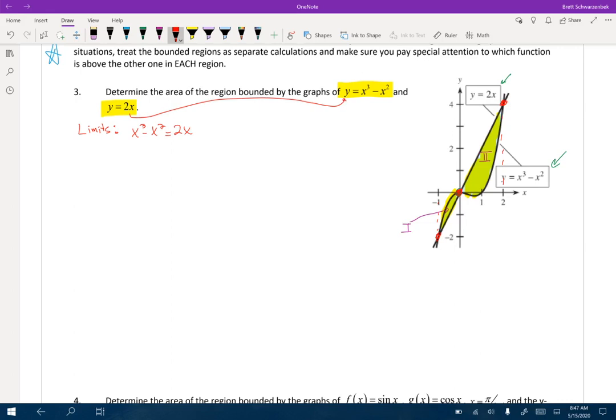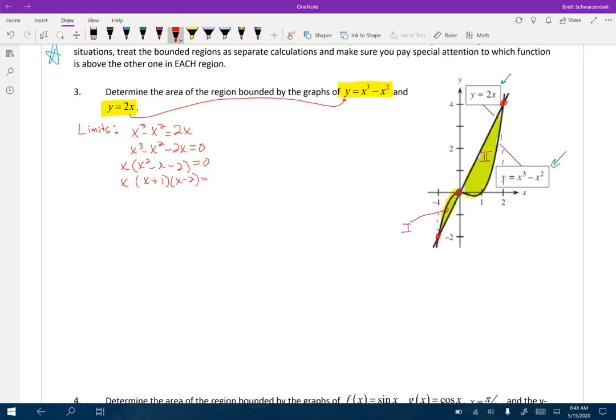Again, we always want to make sure that everything is on the same side of the equation, equal to 0. You don't want to factor it like this. You need a GCF to be taken out of here. You're going to get x times x squared minus x minus 2. And then again, factor city here. We're going to get x plus 1, x minus 2.